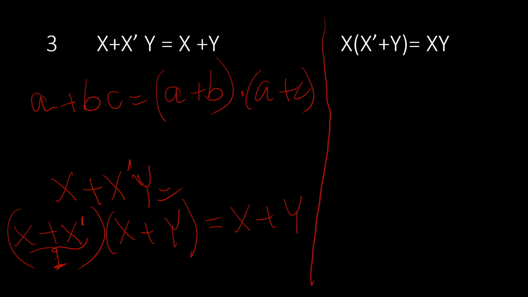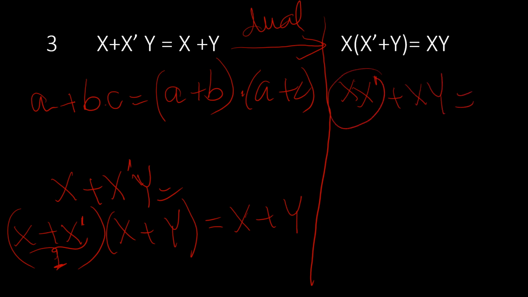The dual, what is it giving? The dual is something very easy to prove. Why? Because I will just develop plus xy is equal to what? X anded with x complement is equal to what? Yes, it's equal to 0.